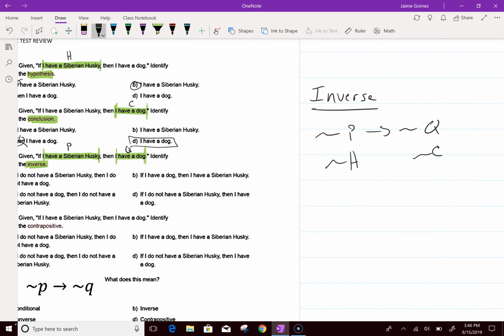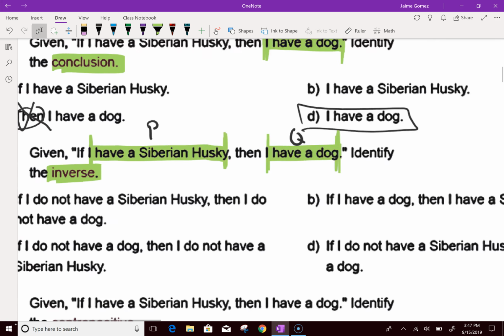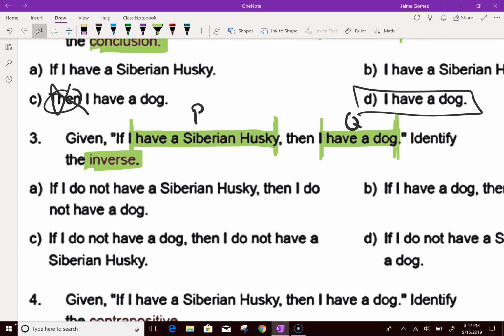These little lines, remember they mean the word not. And remember that the original statement is P to Q. Since P is still first and Q is second, we're not going to flip anything around. The order is still going to go the same way. The only thing that changes is that we're going to put the word not in there. So number 3 says, I have a Siberian Husky.